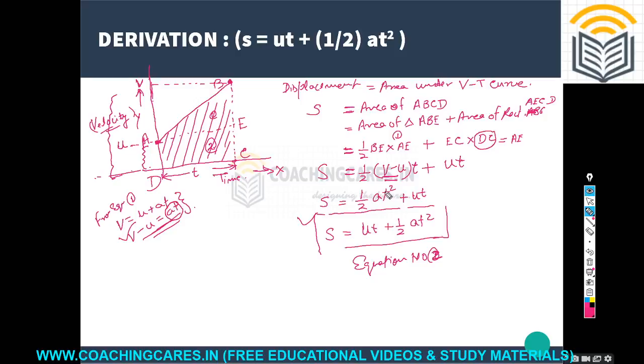So this is half AT square. It comes out like half AT square, this term, plus UT. So S is equal to UT plus half AT square. This is the equation number 2 derivation complete. I hope you got it completely.